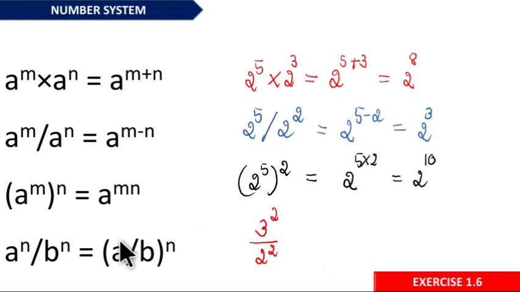So then we can write that as the whole divided, whole to the power n. We can divide that as 3 by 2 whole to the power 2, because both numerator and denominator have the same power. So we can divide that first and write the power together, meaning only one power we can write for that.